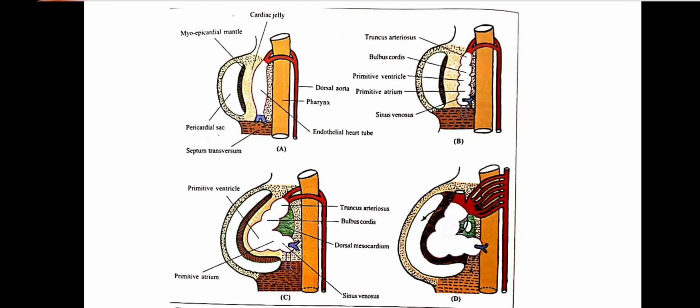So, one another picture showing the arterial arches around the pharynx ending up into the dorsal aorta. Okay, the 6 arterial arches from the arterial end of the heart tube. Here we have the venous end of the heart tube.